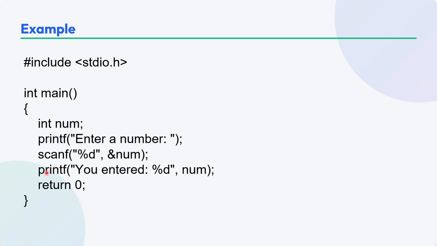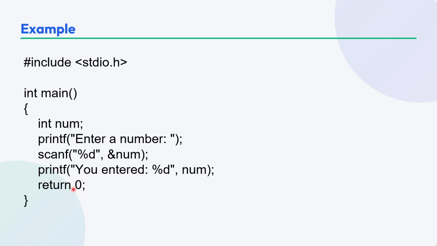Then again we have used the printf function where a message is displayed like you entered percentage d. Percentage d is used because an integer is used, and in place of percentage d the number which you have entered will be displayed. Then the code ends with return 0.